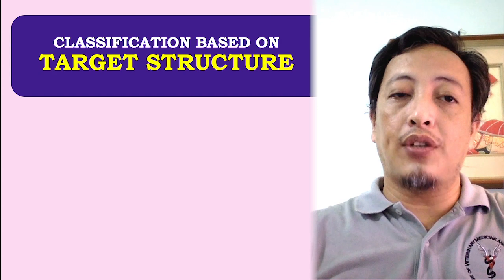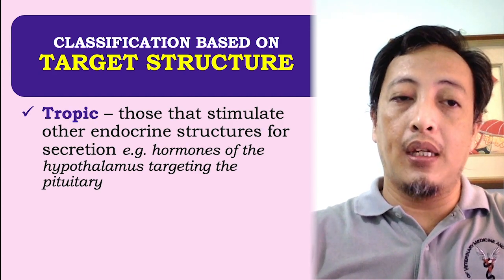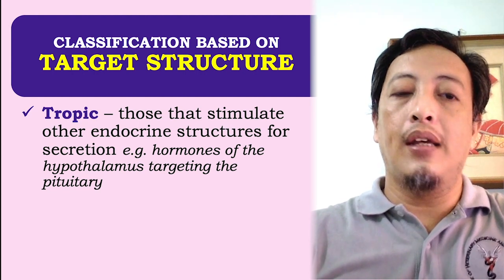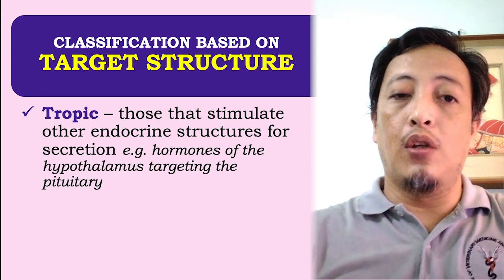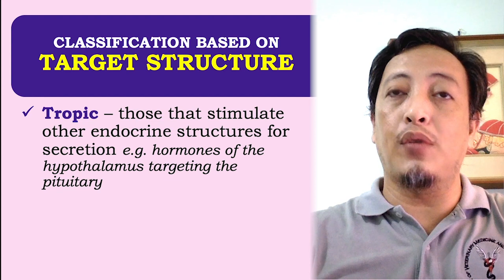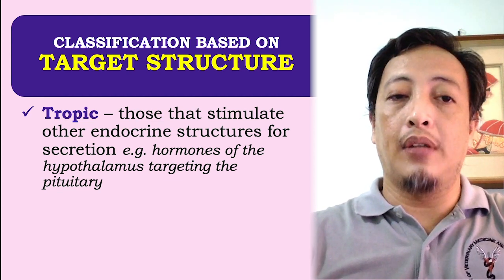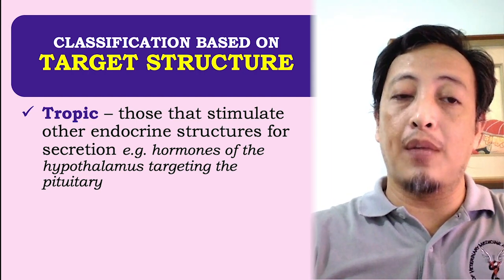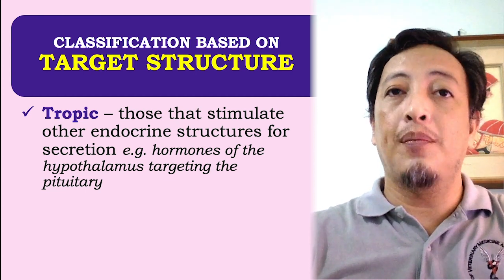Okay? So in terms of target structures, hormones are classified as either tropic or non-tropic. So tropic hormones are those that stimulate other endocrine structures for secretion. An example nito would be the hormones of the hypothalamus targeting the pituitary, which is also an endocrine gland. Okay? So pag ginawa na ng hypothalamic hormone yung action niya sa pituitary, ang matitrigger is the release of pituitary hormones.